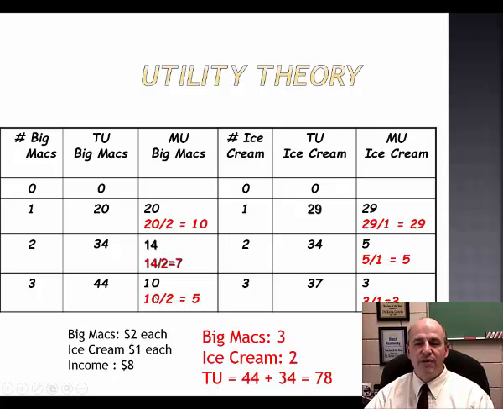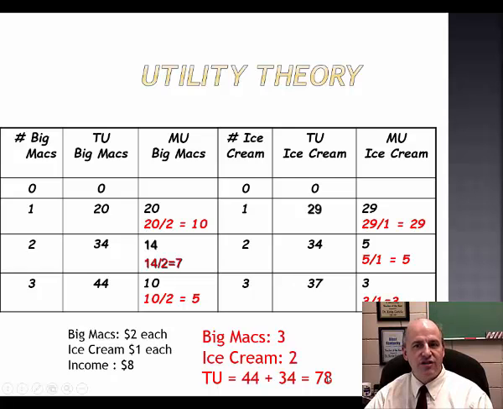You'll notice that the third Big Mac gave me an additional 10 units of satisfaction and cost me $2 a piece. So I got 5 units of satisfaction for every dollar from the third Big Mac. And I got 5 units of satisfaction for every dollar from this second ice cream cone. So really, if I consume 3 Big Macs and 2 ice cream cones, I will have a total of 44 plus 34, which is 78 units of satisfaction.